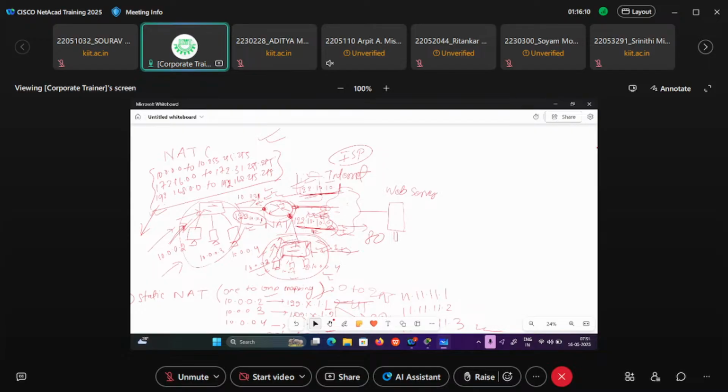Here I am connecting one device, here another device, here another device. This port has the MAC address of this device, this port has the MAC address of that device.